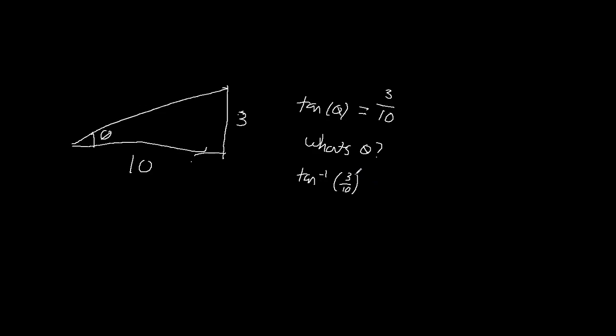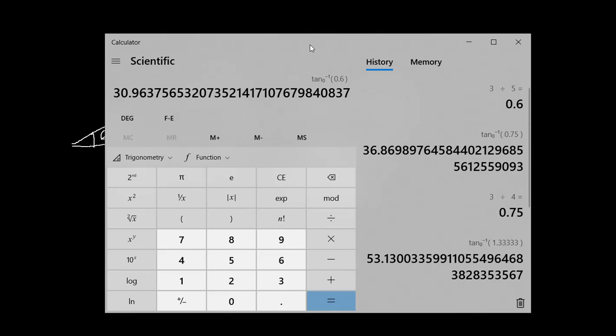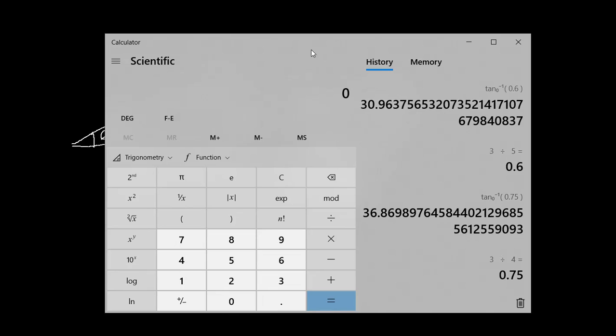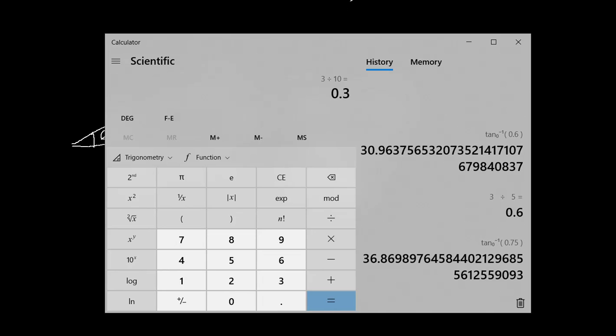Okay. So the way that we do that in our Windows calculator, let me clear our previous example here. The way that we do that is 3 divided by 10. Okay, so that's our tangent for theta. To get the arctangent, or the value of theta, we use the shift button and then the T key.